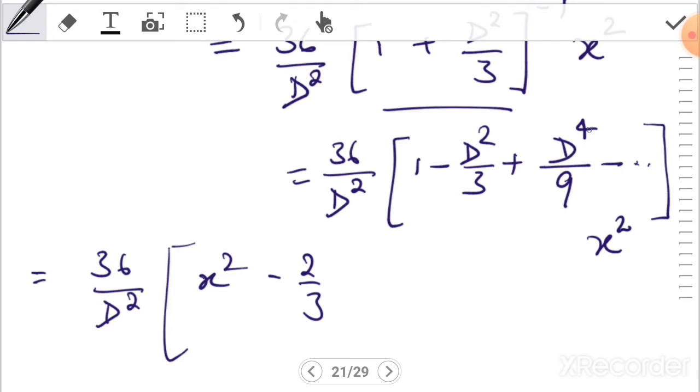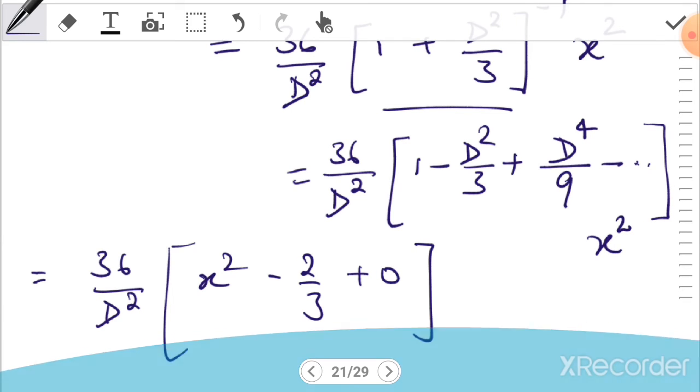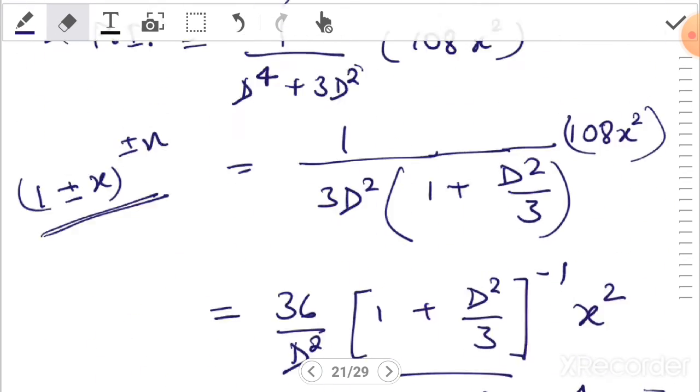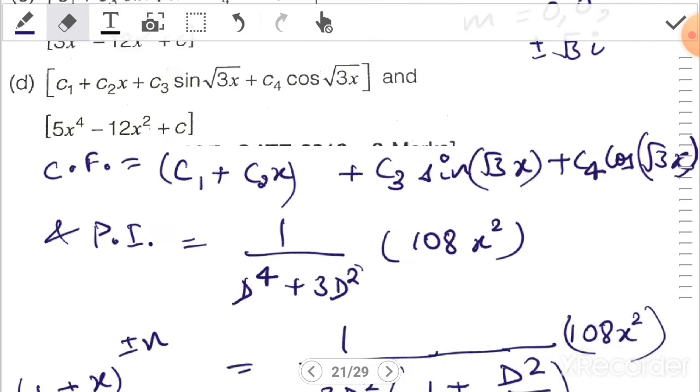Then obviously fourth order derivative, third order derivative it will be 0, and then higher order derivative vanishes. So just x square minus 2 by 3 plus 0. Right? Now, this is 1 by D square, means inverse operator. Now, let us clear.